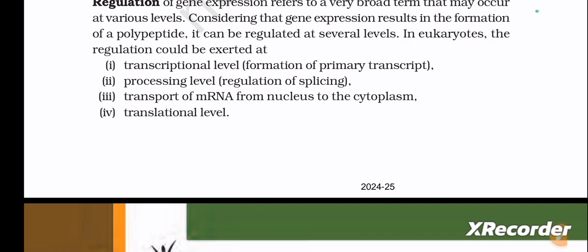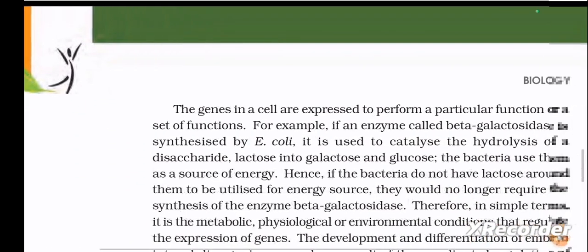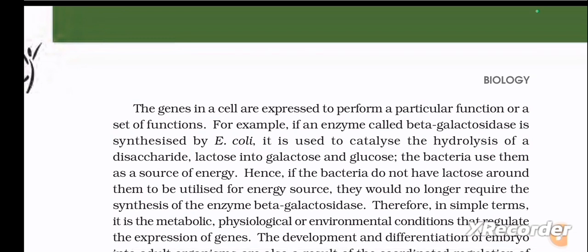Next, fourth, the translational level. The genes in a cell are expressed to form a particular function or a set of functions. For example, if an enzyme called beta-galactosidase is synthesized by E. coli, it is used to catalyze the hydrolysis of a disaccharide, lactose, into galactose and glucose.